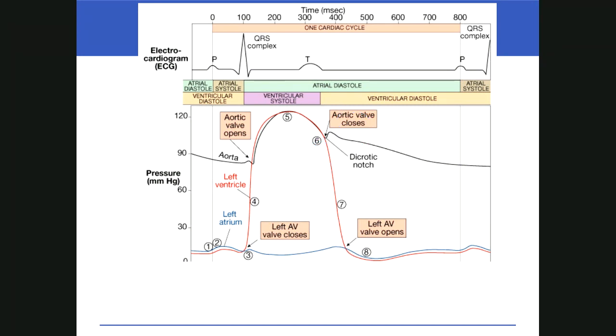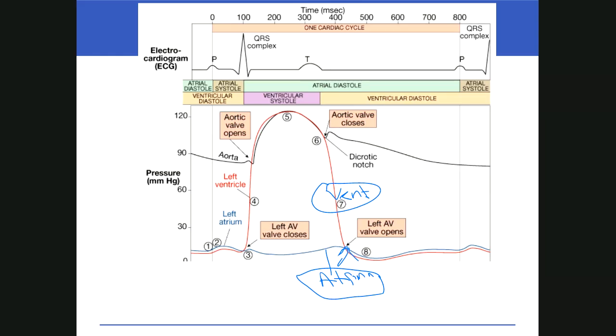Right here, who has more pressure, the ventricle or the atrium? Ventricle has a whole lot more pressure until we get to right there. And then when you get to right there, who has more pressure, ventricle or atrium? And so the left AV valve opens back up. Everybody got this? Any questions?